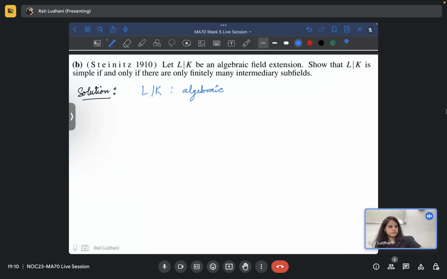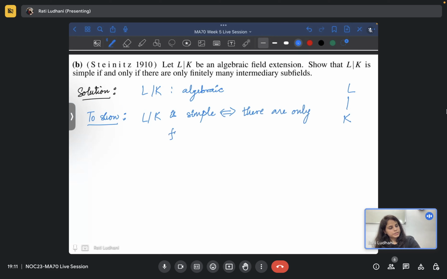So this is an algebraic field extension L over K. It is saying to show L over K is simple, that is, there is a primitive element x such that you can write L to be K(x), simple if and only if there are only finitely many intermediate subfields.